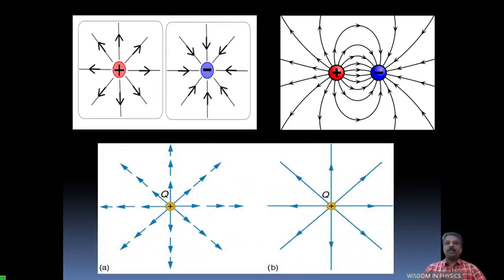And look at the vector representation of the electric field lines. Here, see the positive charge, see the arrow mark. Near the positive charge, the arrow length is longer, and as you go on, the length of the line keeps decreasing. The reason is that we know the electric field is inversely proportional to the square of the distance.